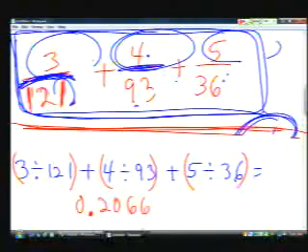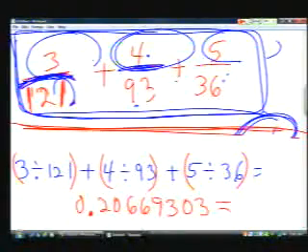0.20669303, or 0.21. Yeah, it's a big long decimal, isn't it? Now, in real life, if these were all probabilities, and we were adding the probabilities all up, most of the time, depending on the application and how many significant digits, you probably don't need all those digits.